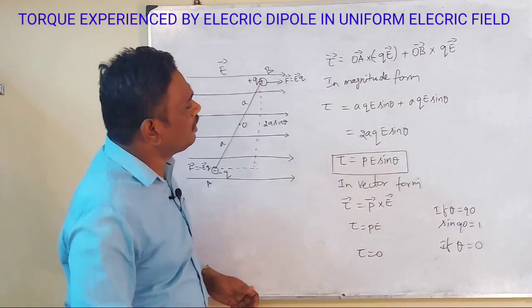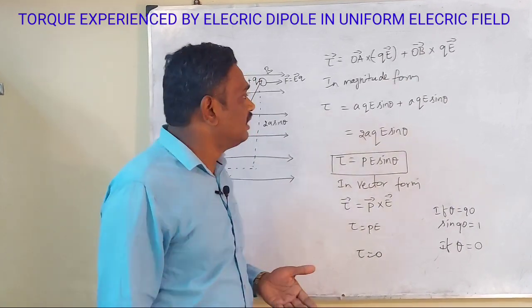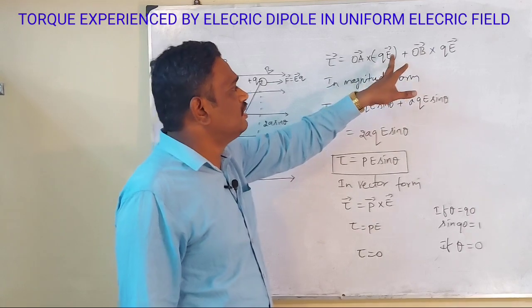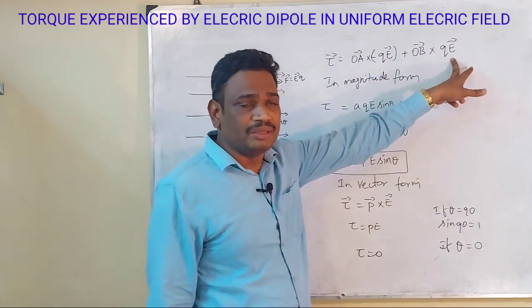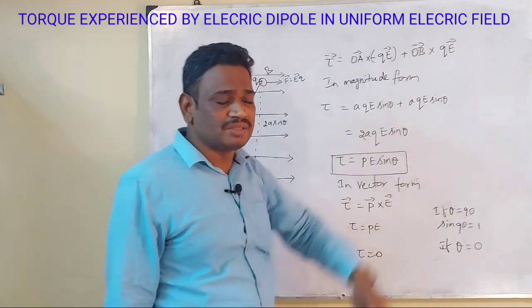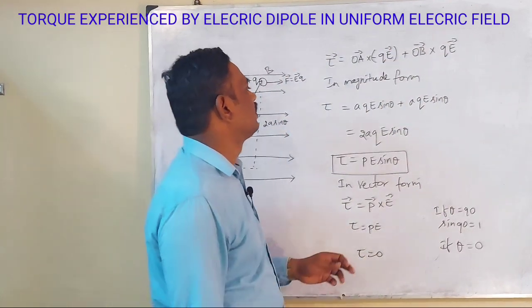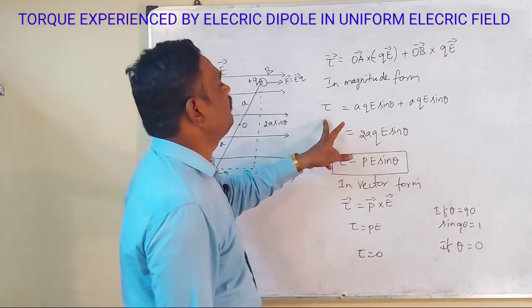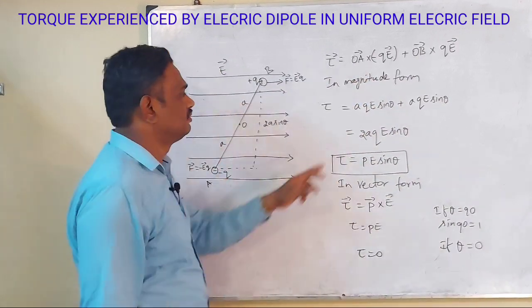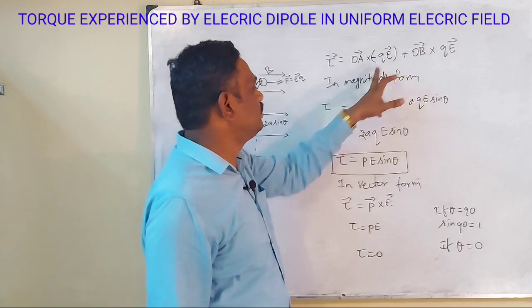In magnitude form, we need not consider the negative sign, because the magnitude of minus qE is equal to the magnitude of plus qE. In magnitude form, the OA value is nothing but a, and then qE.